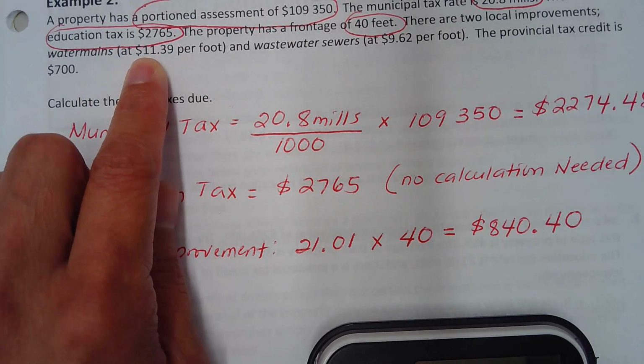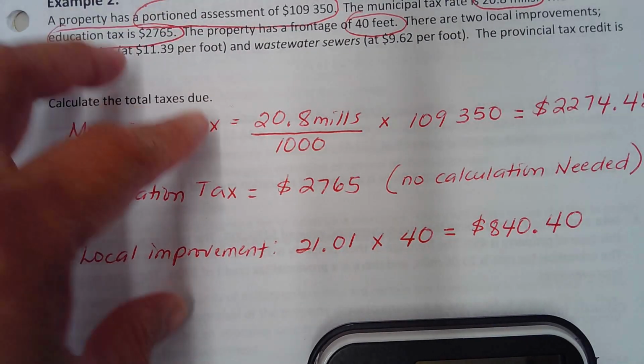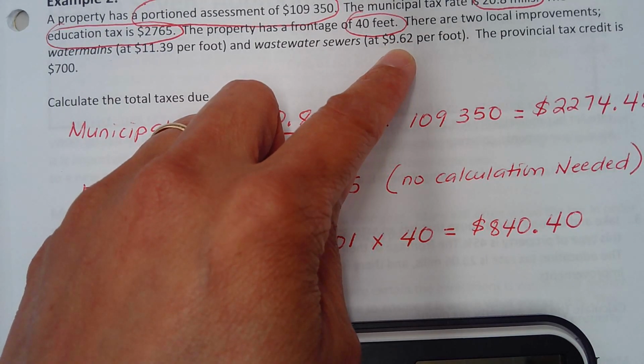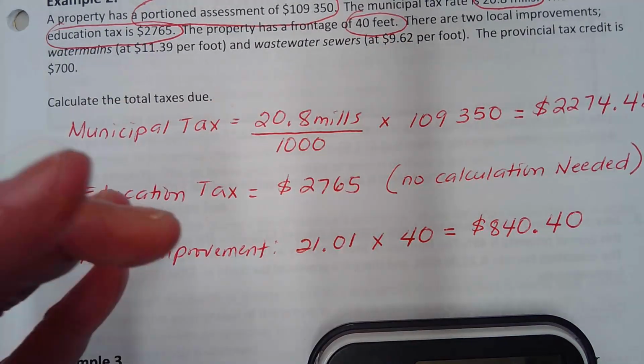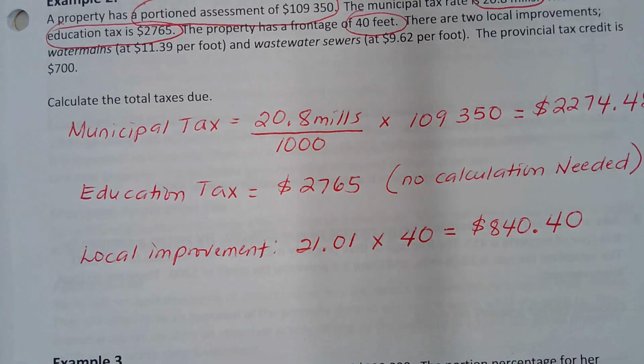Another possibility is to multiply 11.39 by 40, which gives you an amount, then multiply $9.62 by 40, which gives you another amount, and then add those two together, and we'll still get the same. So it's up to you. They're both correct. It's just a different way of doing it. Okay, now we have municipal tax, and education tax, so we didn't really have to do anything.